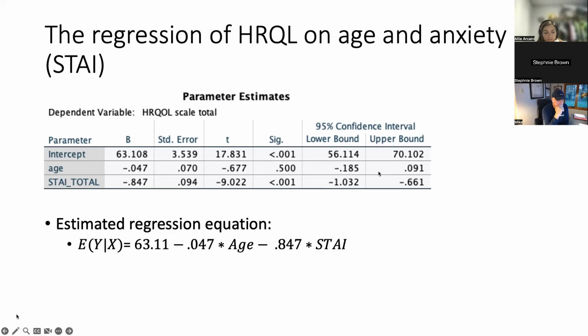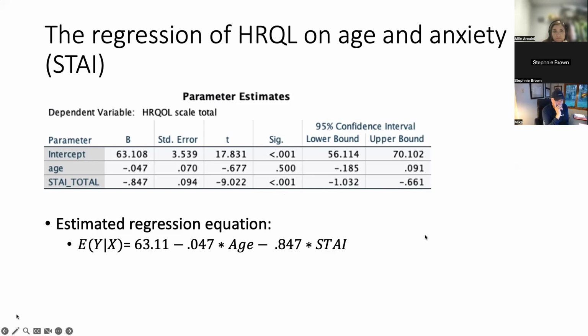So if I look at my confidence interval, I can see here 0 falls right in that interval, which matches up with age having a high p-value. Whereas here, this interval we'd say is bounded away from 0. The upper bound for our interval is -0.661. The lower bound is -1.032, right? So 0 is all the way over there. Not a plausible value. That corresponds with my low p-value.